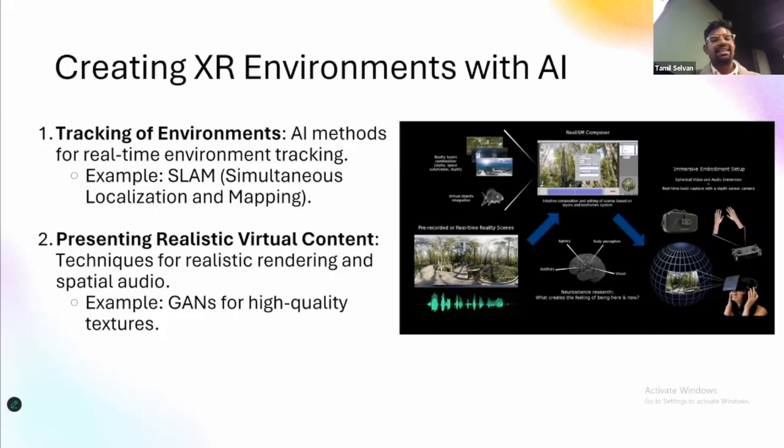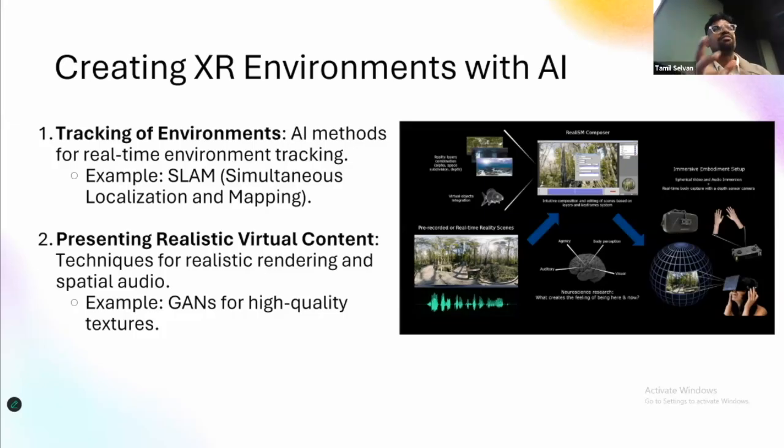Imagine creating the University of South Australia campus in the XR world. You need accurate routes and accurate mapping of all the buildings. For that, we take a camera, compute, stitch everything together, create a 3D scene, and export it to an XR space.